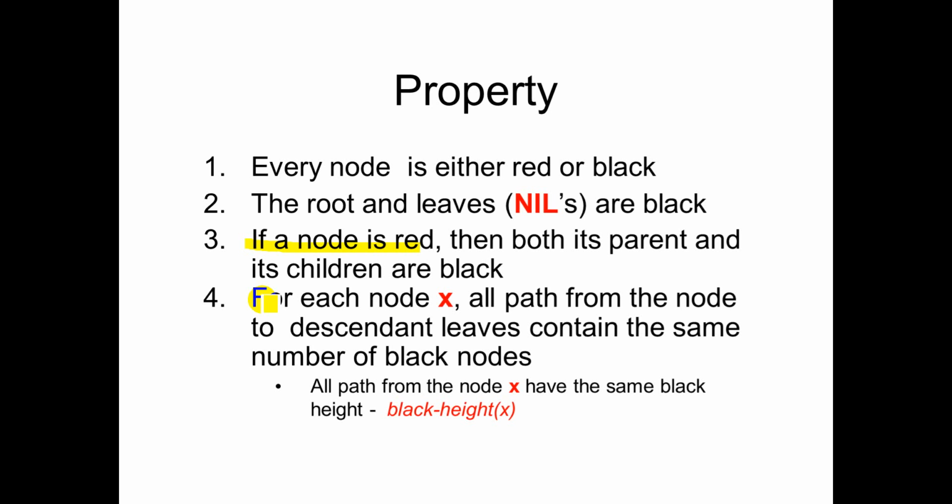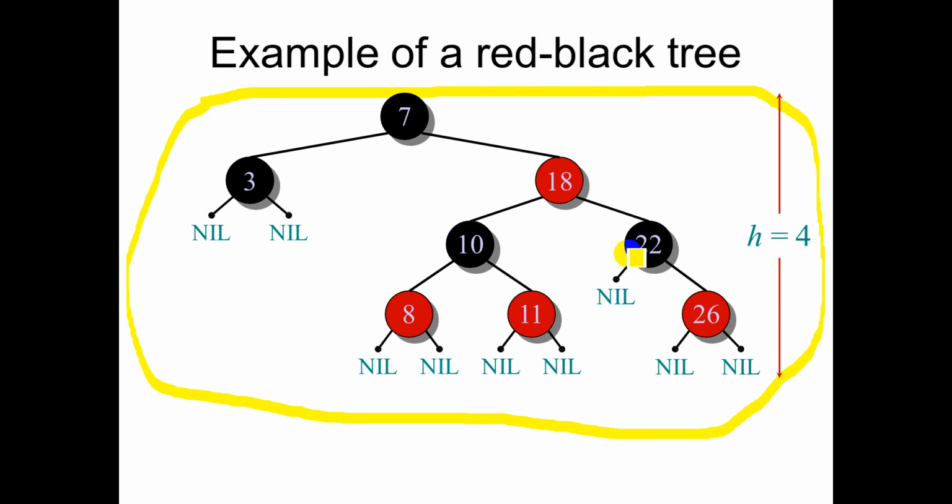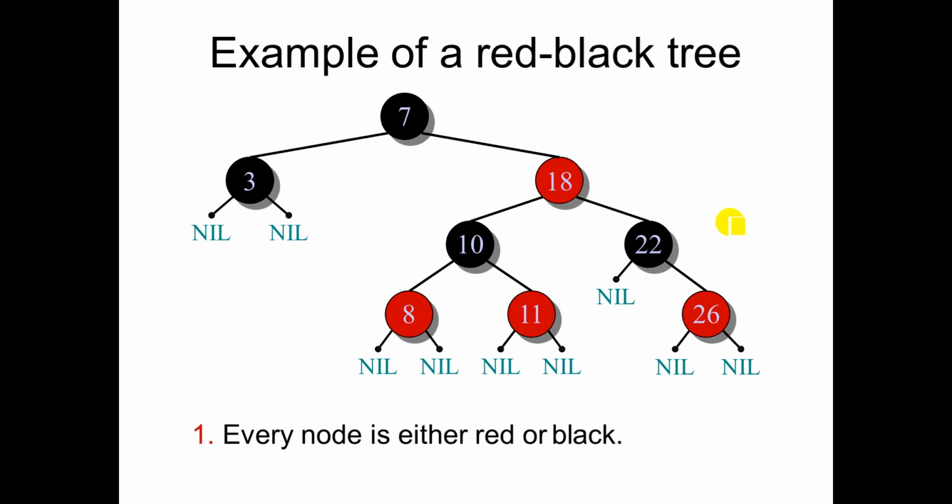First, we can see what a red-black tree looks like. This is a red-black tree with height 4. Now let me explain the properties. Every node is either red or black. You can see here this node is black.